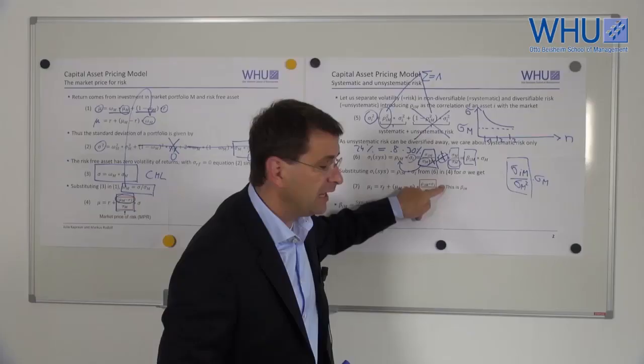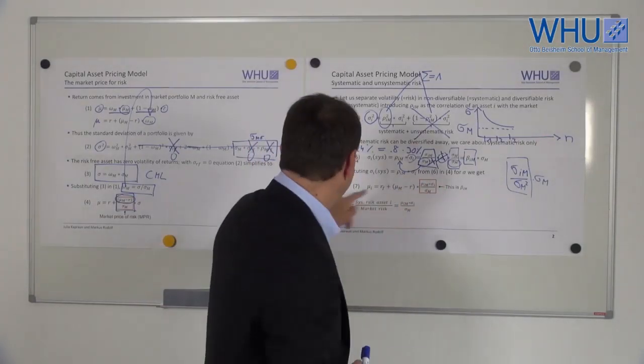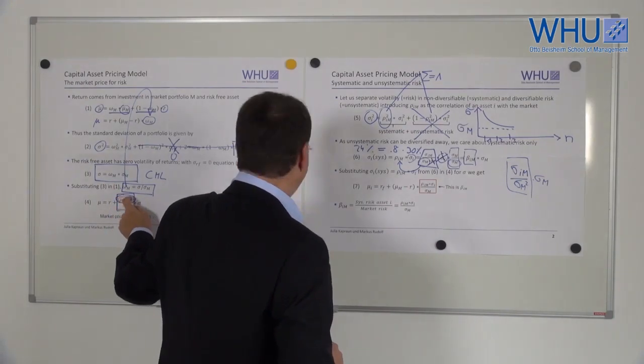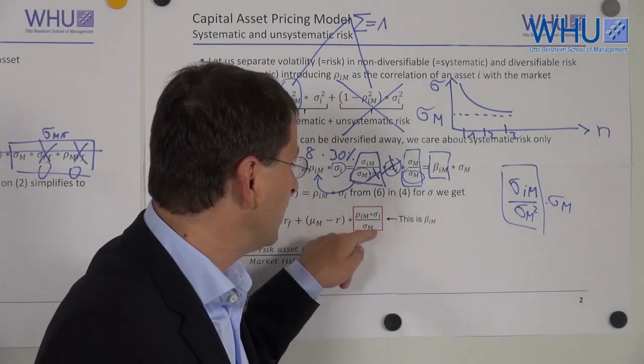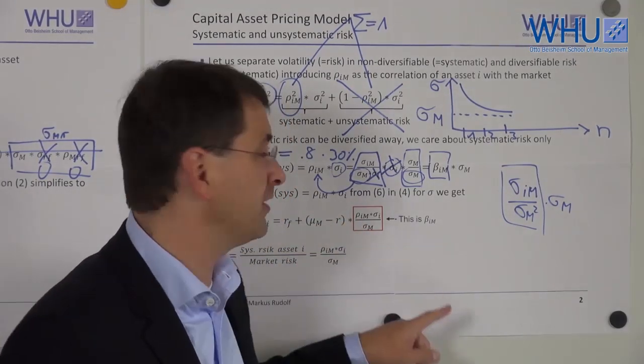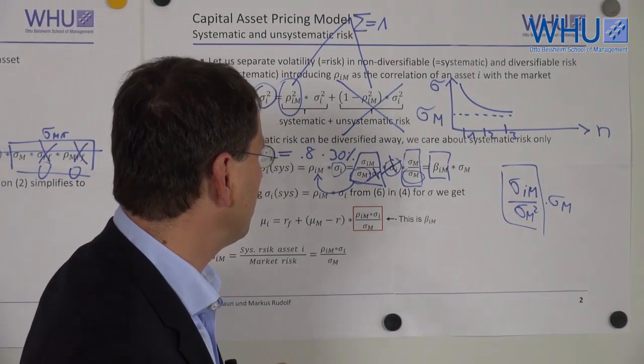And here, in the capital market line expression, we have a sigma, which is the sigma of the asset. But the only thing of the sigma which is relevant is the beta.